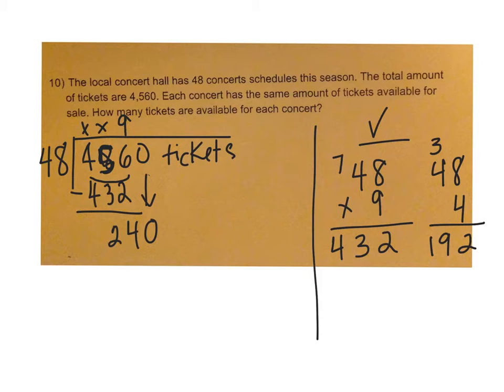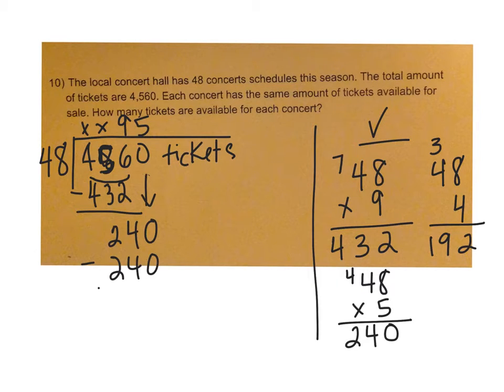I'm not convinced that's as close as I can get, so I'm going to try one more. 8 times 5 gives me 40. 5 times 4 is 20. Plus 4 more is 24, and that's exactly what I'm looking for. I don't have any remaining tickets to worry about.